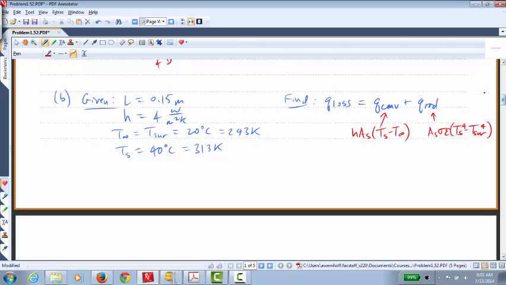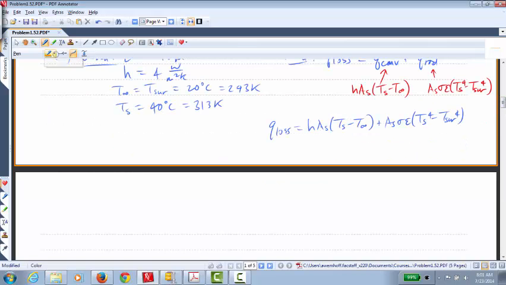So let's go ahead and put that in. Q loss is h A_s (Ts minus T infinity) plus A_s sigma epsilon (Ts to the fourth minus T surroundings to the fourth). So the only thing we need is A sub S, which is, since we're dealing with the sides of a cylinder, going to be pi times D times L. So put it in for both of those spots.